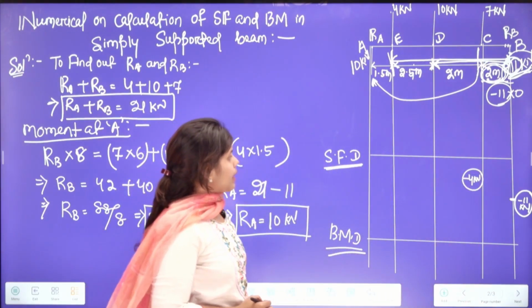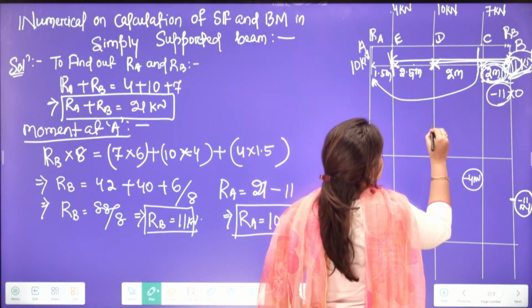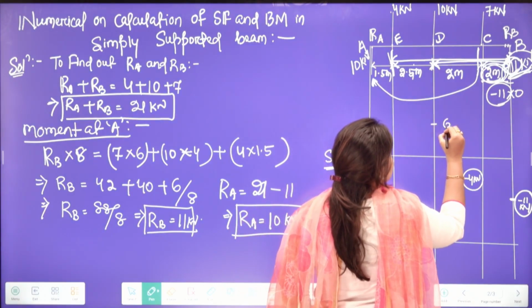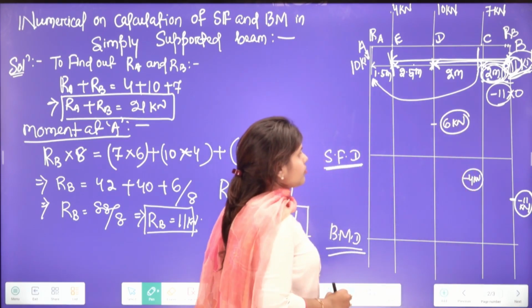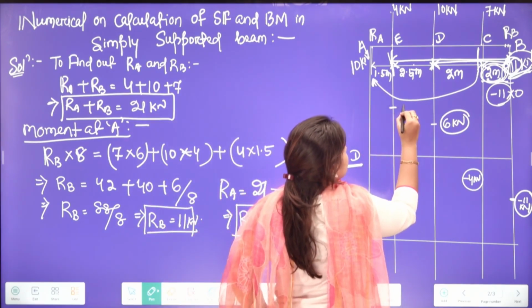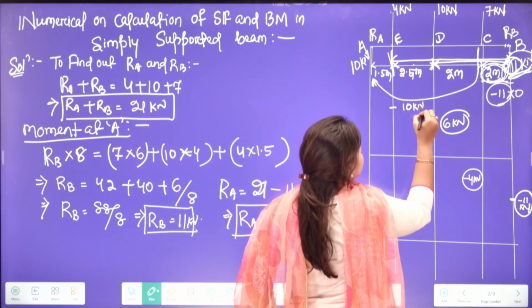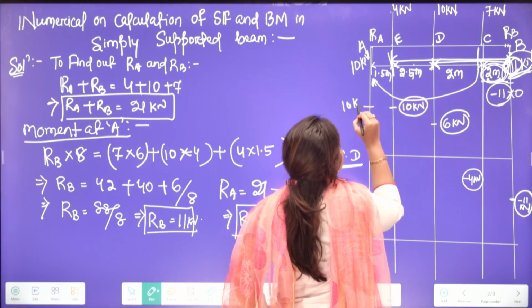Okay. Next, at point D, we are having 6. That is in positive sign. 6 kilonewton. Next, we are having at point E, 10 kilonewton. Also at point A, we are having 10 kilonewton.